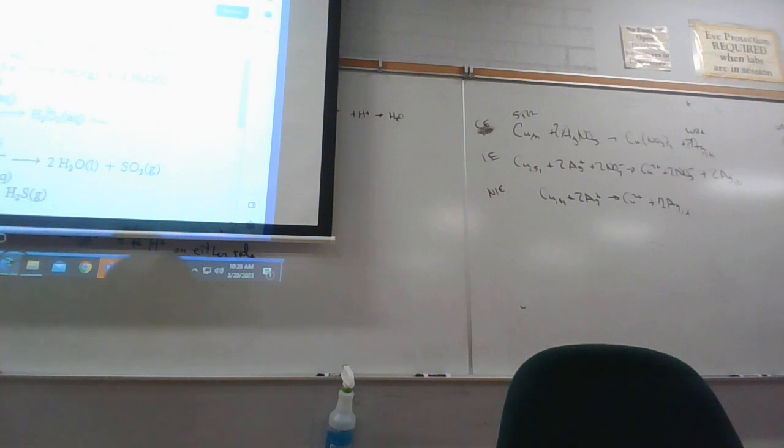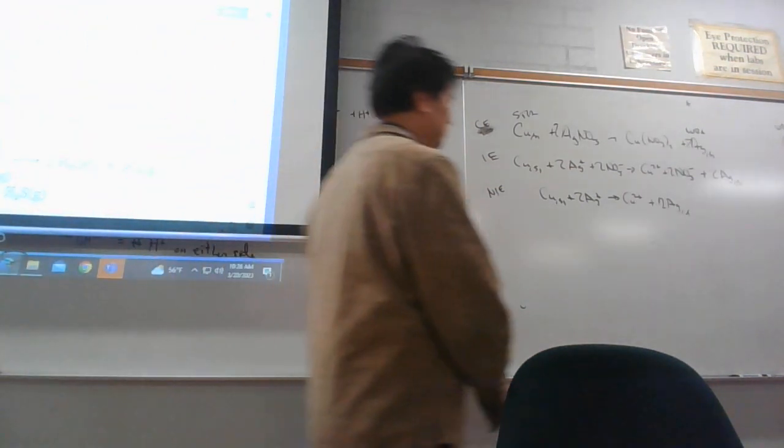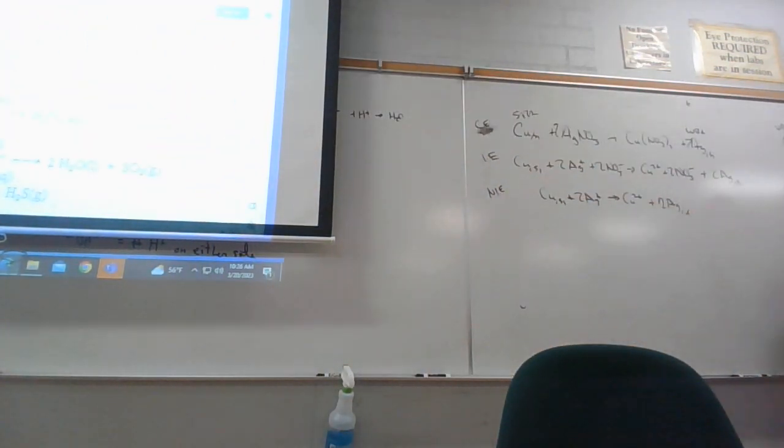And then copper metal with HCl. Copper metal with HCl. HCl is a mineral acid. And so we're okay here. Chloride is going to be a spectator in this case. It's not an oxidizer. So this is going to form copper 2 chloride plus H2 gas.